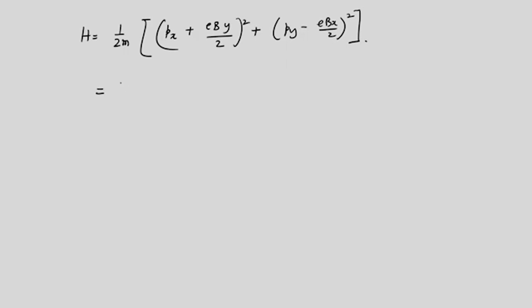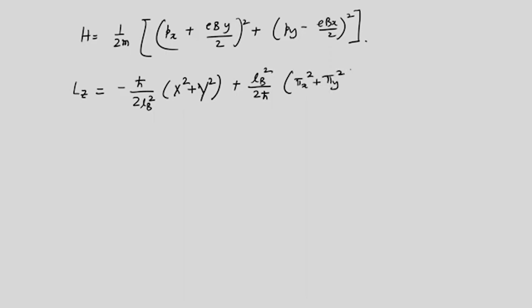I can write this, but then I want to introduce a new operator here, and that operator is called Lz. If you define Lz to be like minus h cross divided by 2 LB squared, times (x squared plus y squared), plus LB squared divided by 2 h cross, times (pi x squared plus pi y squared).